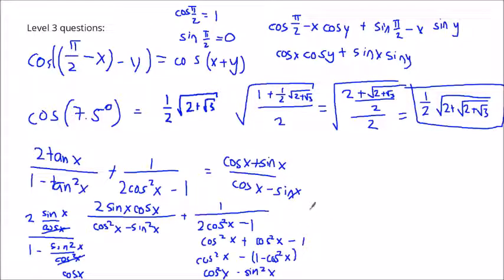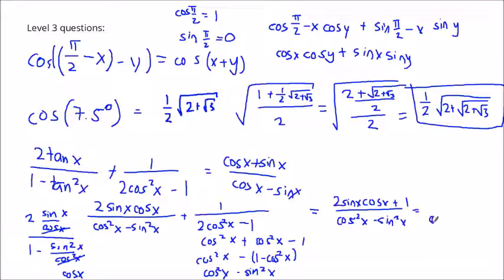So then now what you'll get is 2 sine x cosine x plus 1 over cosine squared x minus sine squared x, like this. Now we need this as the denominator. So what is the logical step?